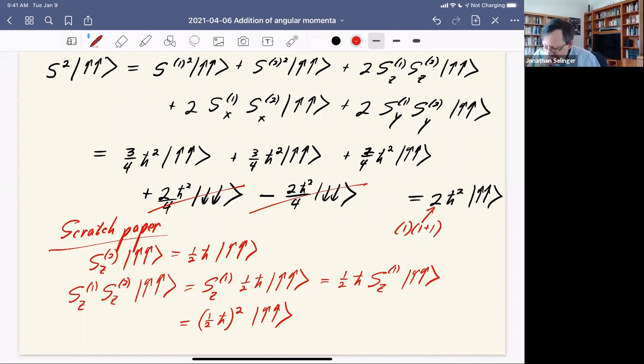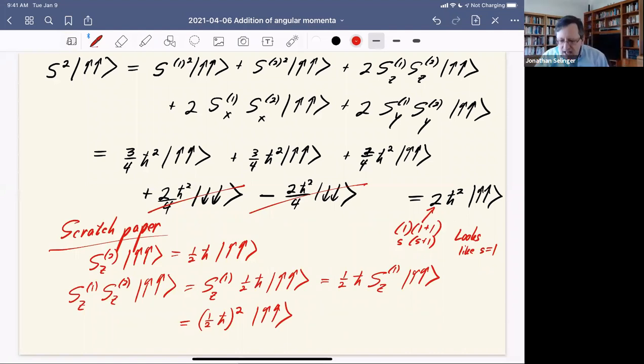So it looks like s times s plus 1, and we'll say this state looks like s equals 1. So far at least, it looks like that 2 spin halves are combining to make a spin 1. But that seems reasonable.